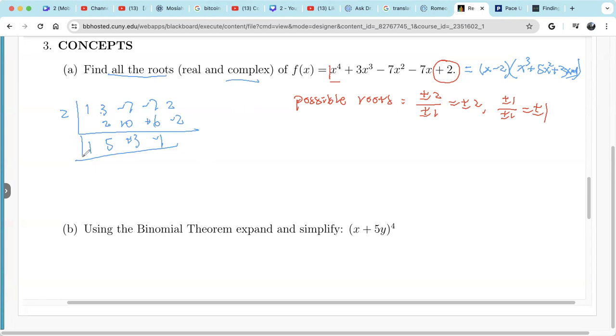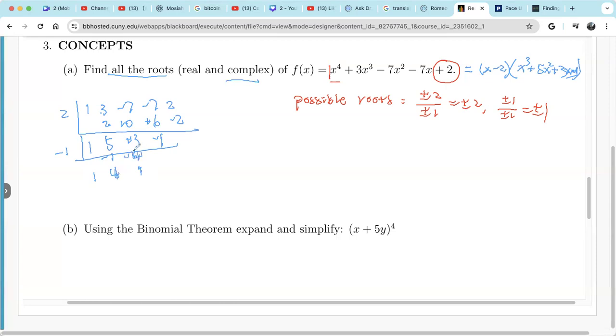Well, let's try one more time. So we have 1, 5, positive 3, -1. Yeah, we tried the one before, it's not, right? Let's try one more time. Maybe sometimes I make mistakes. So 1 times 1, 1. 5 plus 1, 6. 1 times 6 is 6. Add together 9. That's too big. So 1 is not. Let's say -1. -1, -1. 5 plus -1, 4.